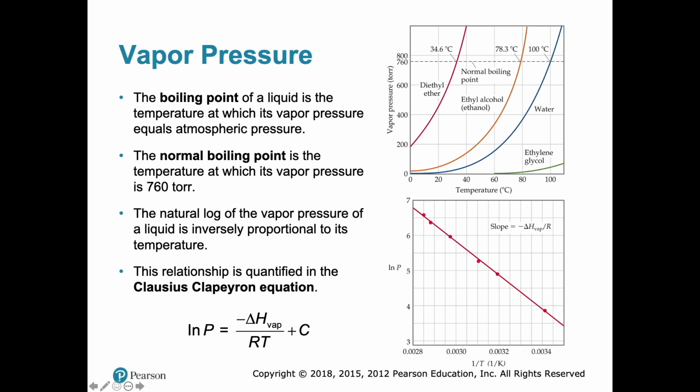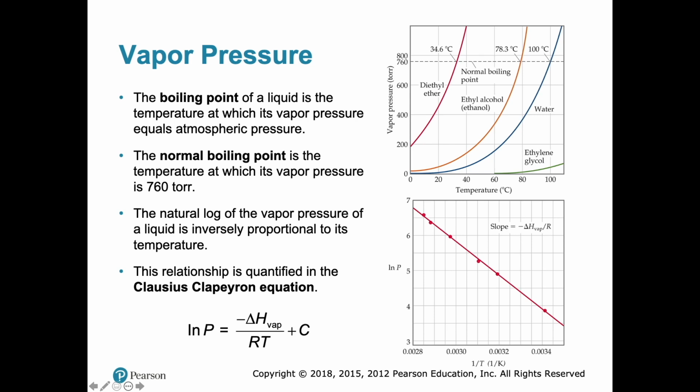But just as a conceptual thing, the boiling point of a liquid is the temperature at which the vapor pressure equals the atmospheric pressure. So again, with my cup of water here, if I'm boiling my cup of water, once it reaches the boiling point, the vapor pressure is equal to the atmospheric pressure, and that's when things can start evaporating, which I said before already.